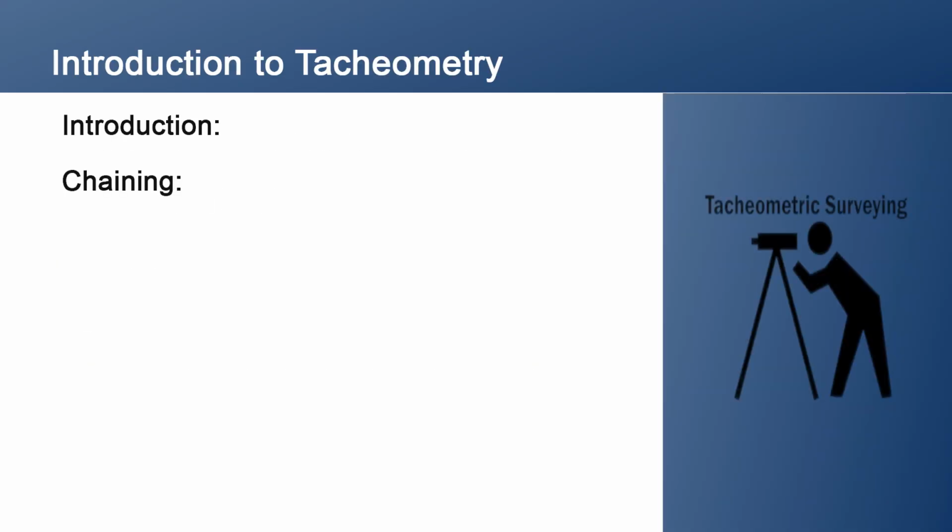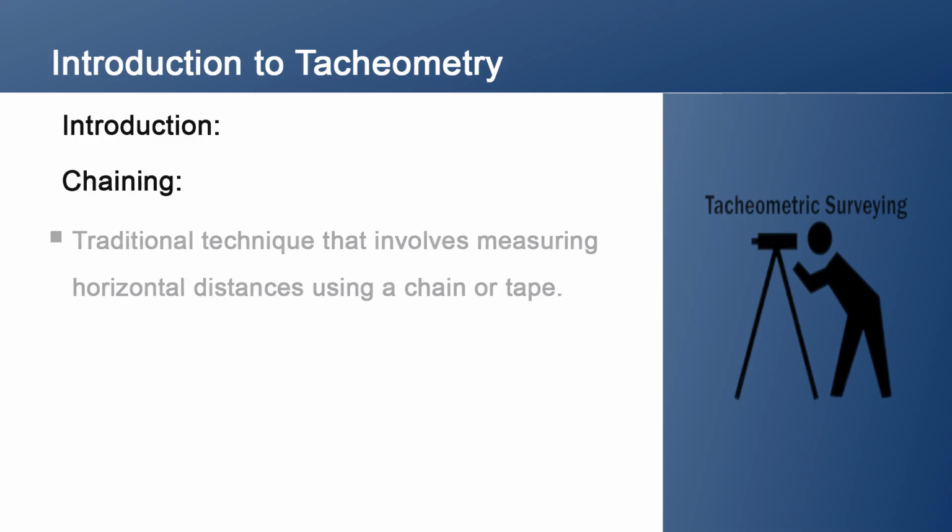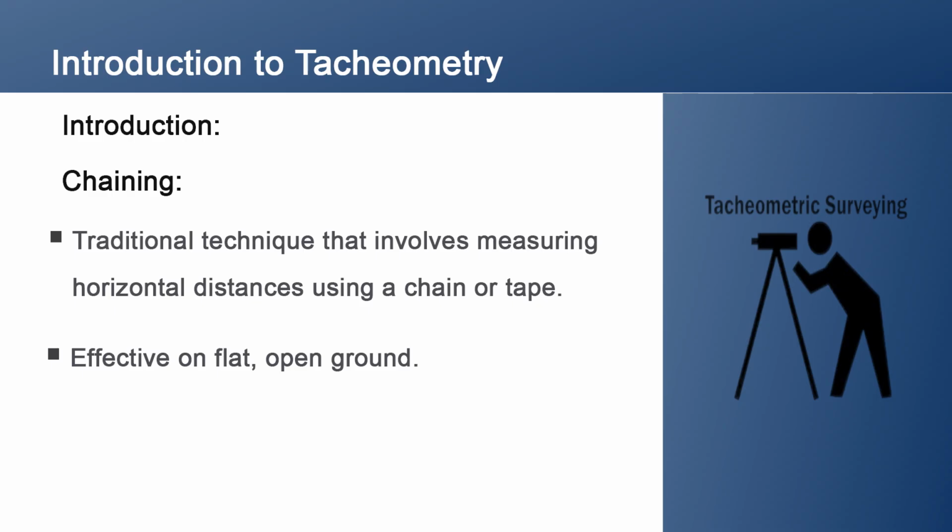Let us do a background study with chaining. Chaining, as you know, is a traditional technique that involves measuring horizontal distance using a chain or tape. It is a straightforward method and highly effective on flat, open ground. However, its accuracy decreases on rough or uneven terrain.